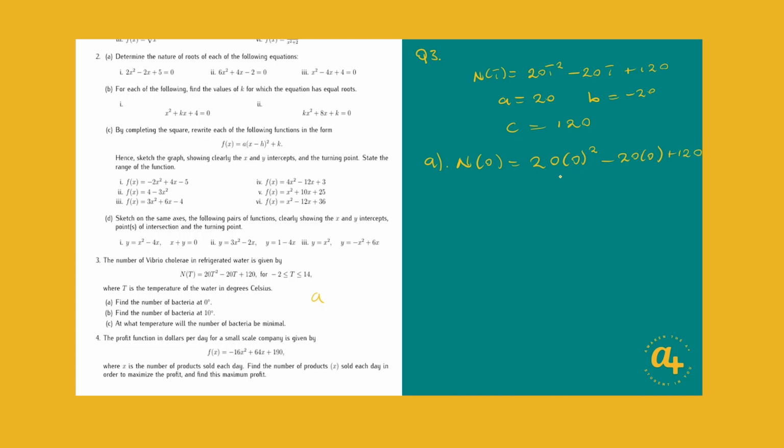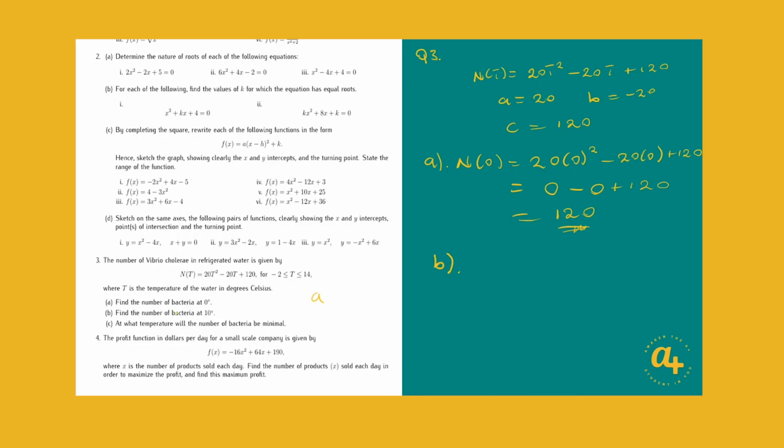All we have to do now is simplify this. Everything simplifies to 120. So what this is telling us is that at 0 degrees Celsius, the number of bacteria that we have is 120.